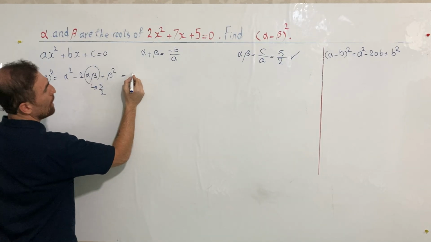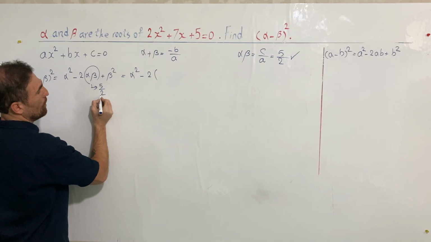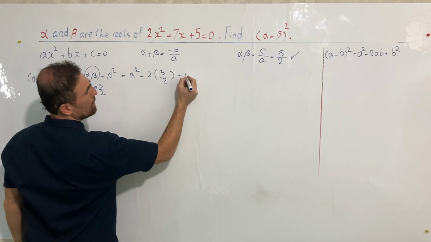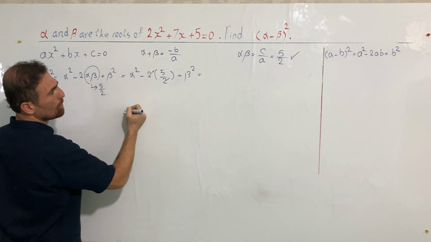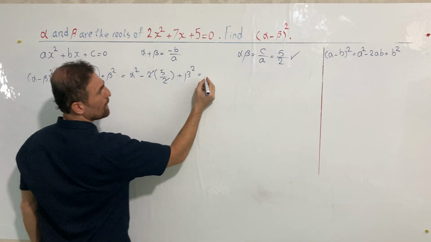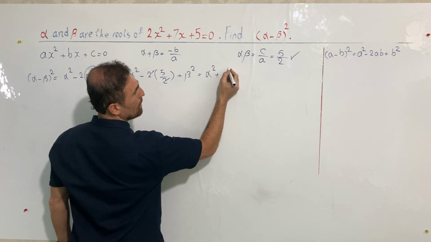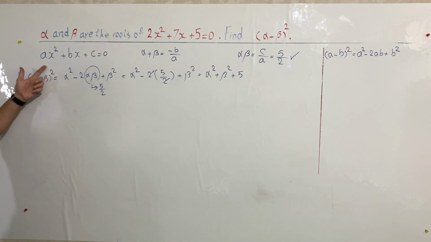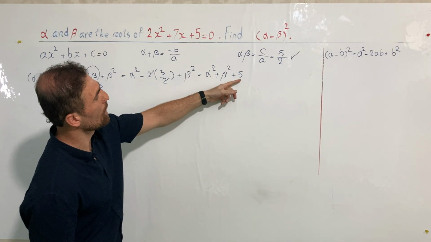So it's going to be alpha squared minus 2 times 5 over 2 plus beta squared. As we know, these two and these two can be cancelled off. So let me rewrite it. Alpha squared, I'm going to write beta first, plus 5. So alpha minus beta squared is alpha squared plus beta squared plus 5 squared.